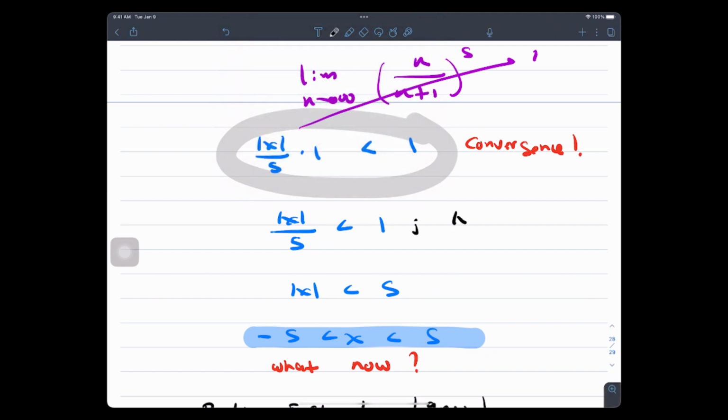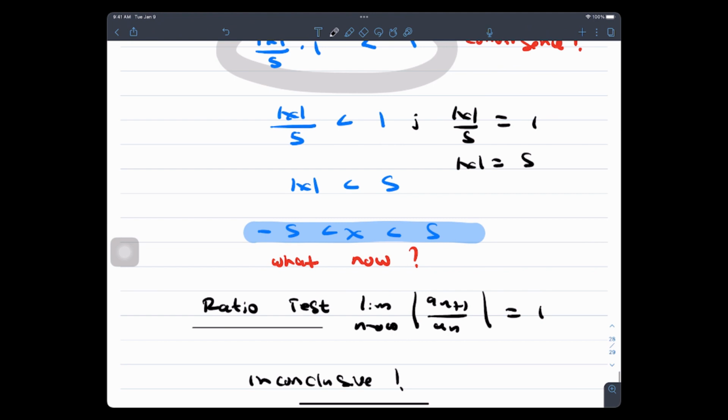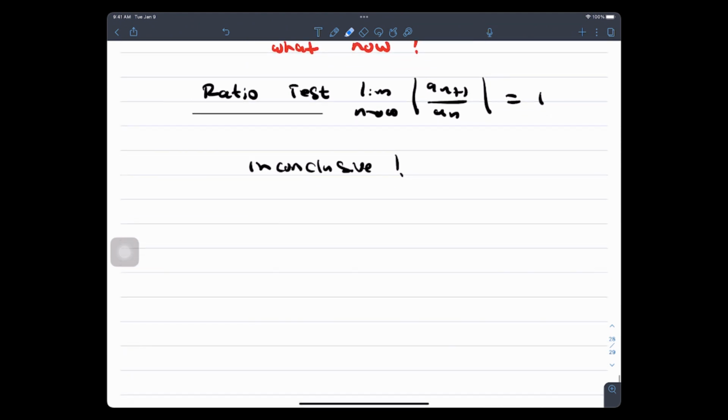But what happens if the absolute value of x equals 5? So the absolute value of x is 5. That means x is plus or minus 5. Is that true? +5, -5. These are the endpoints you guys have to check. So you might say, what do I check?